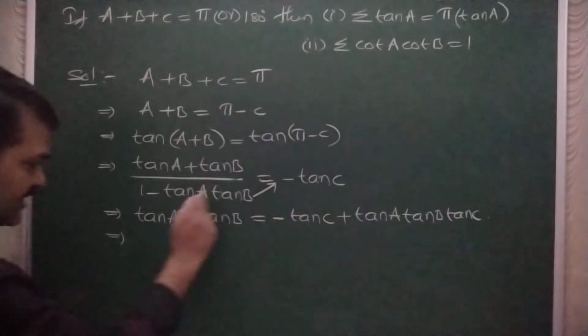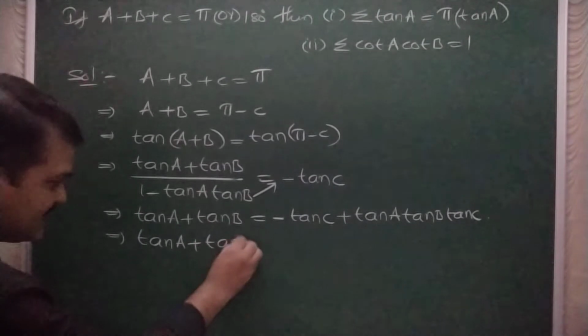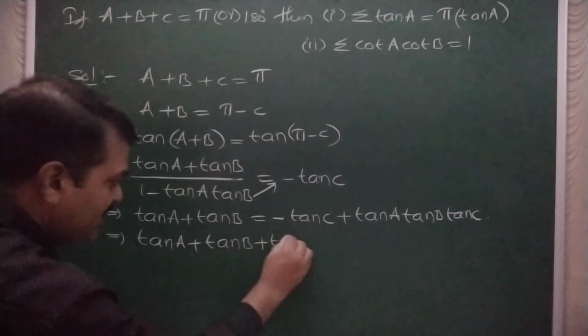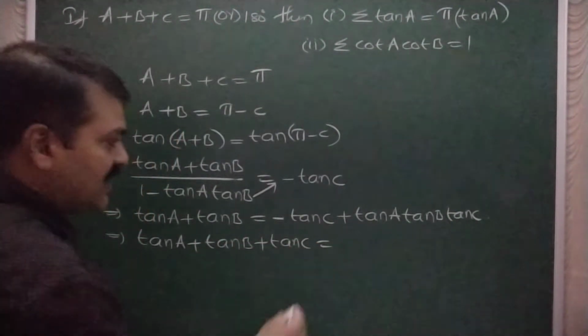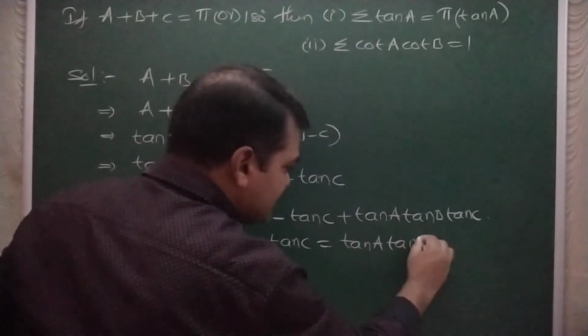So tan A plus tan B plus tan C. In the RHS side, tan A into tan B into tan C is left.